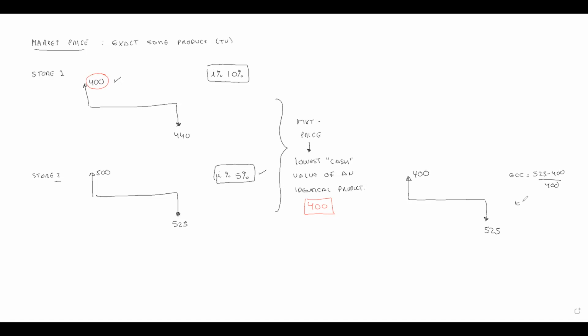So what we are paying is not 10%, it's not 5%. What we are paying is 31.25%, that is 0.3125. Perfect. This is what we're paying. You can see that?